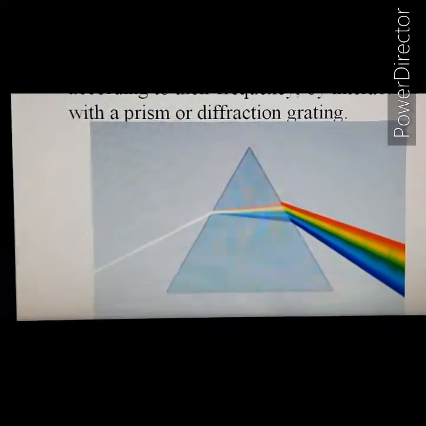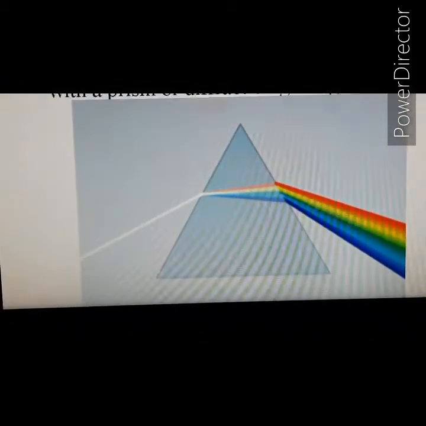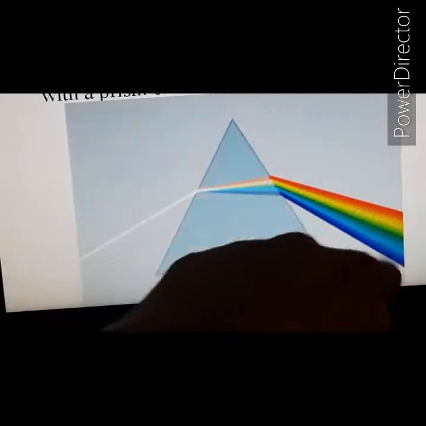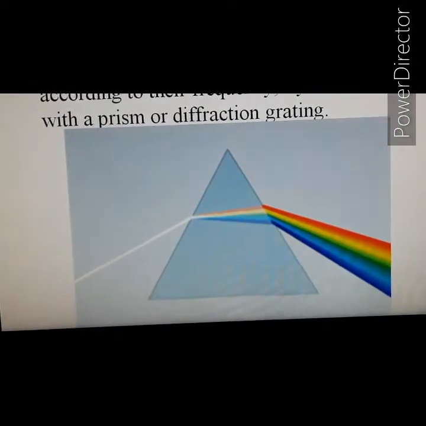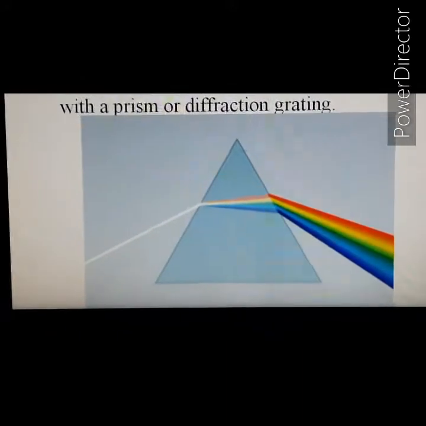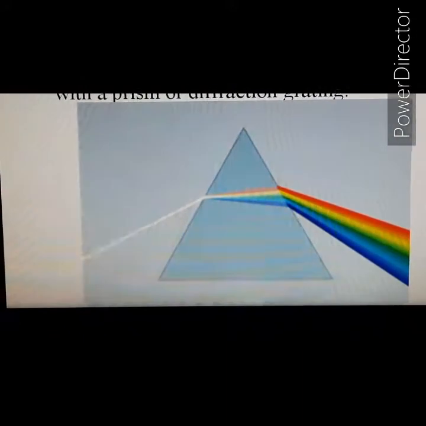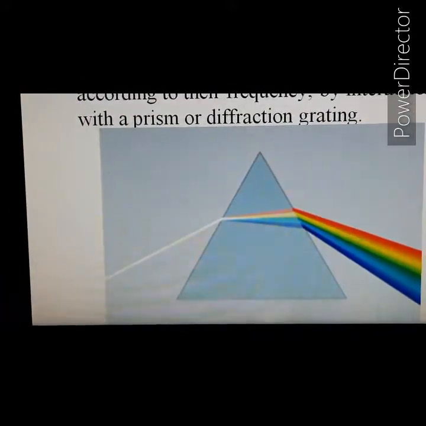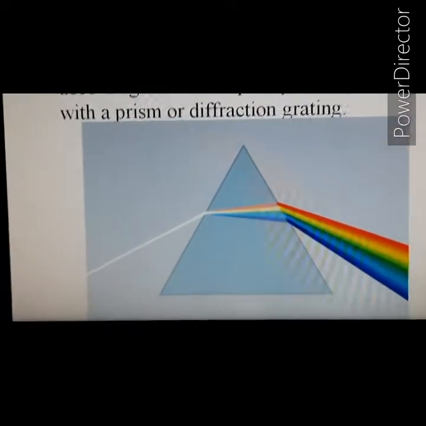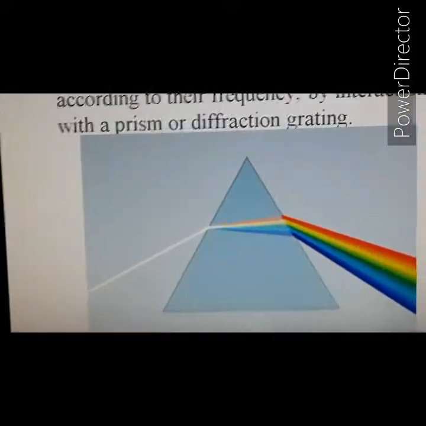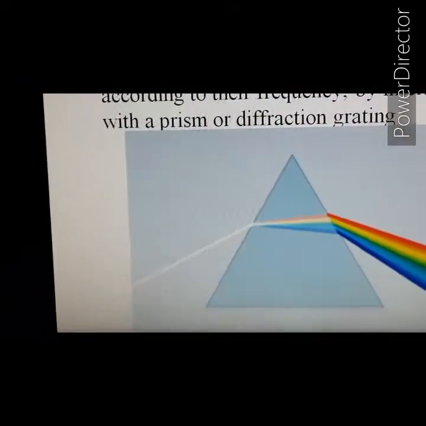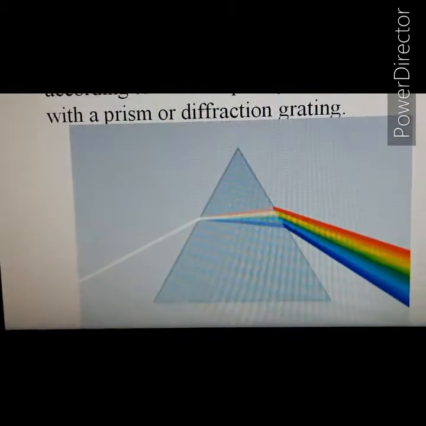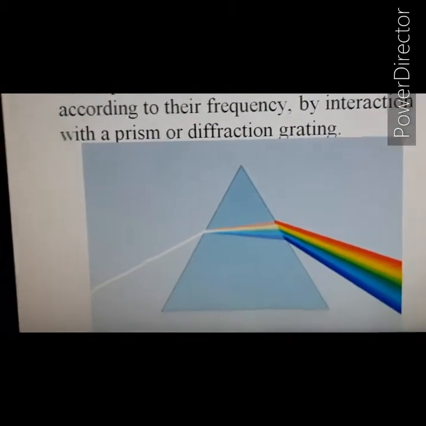If you place any white screen there, these 7 VIBGYOR colors will form. Not only a prism, you can use any transparent glass medium with different directions. But if you take a rectangular glass, you will not find it, because there is no deviation of the light whenever it passes, so it will not get split. The deviation is different in the rectangular glass slab.